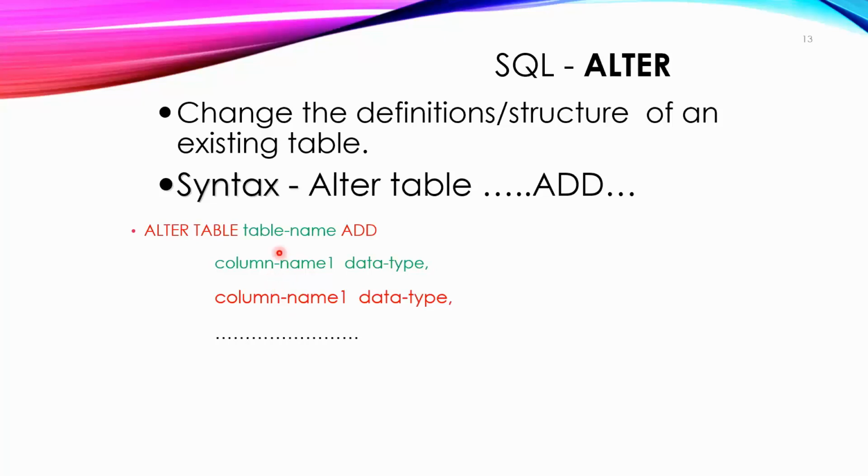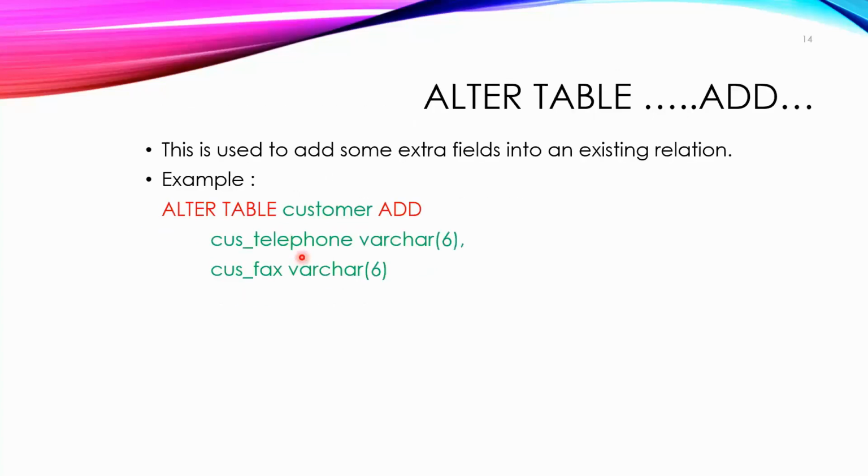When you give this, these columns will be added to the existing table. Here is the example in this slide. Alter table customer, add customer telephone varchar and customer fax varchar. So you had a table named customer and you want to add two more columns to that.